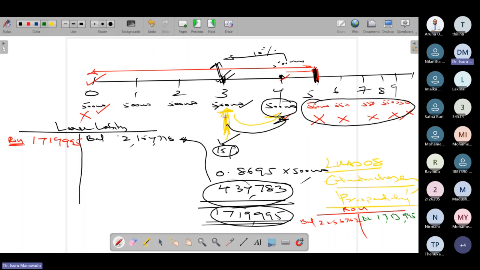And you have taken 15% as well. Now on this particular date, what's the liability? What is the lease liability on this particular date?